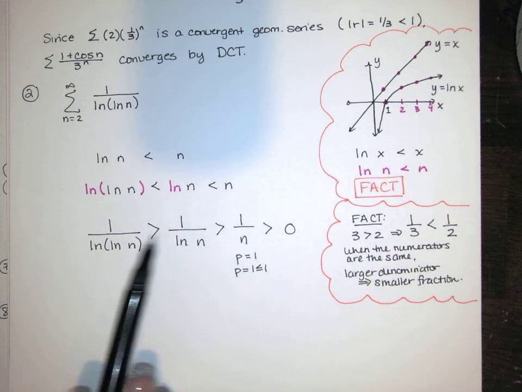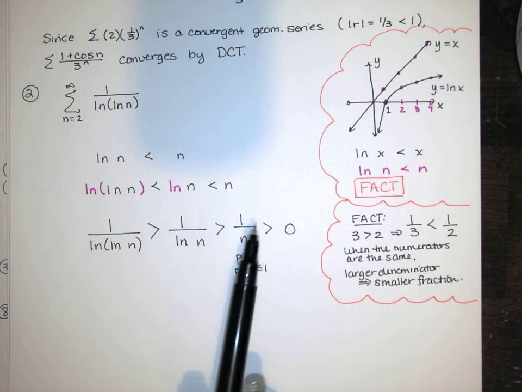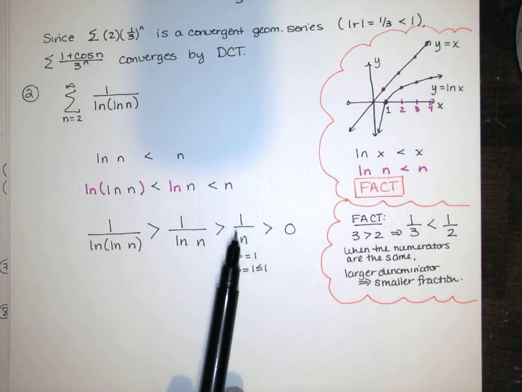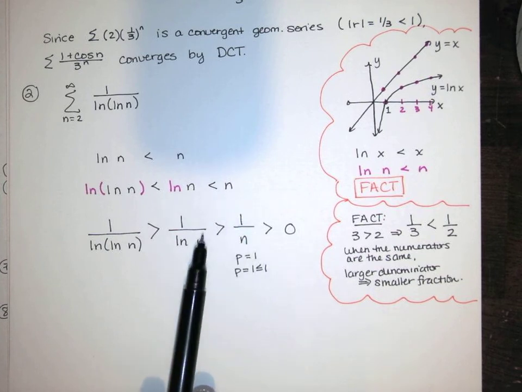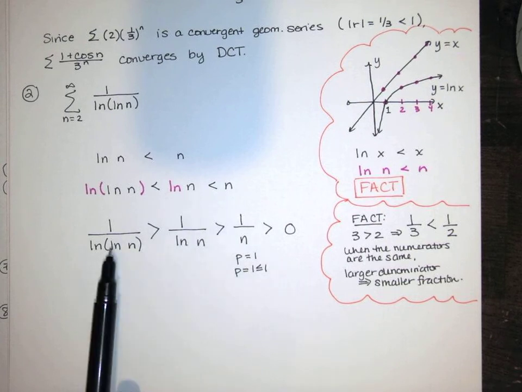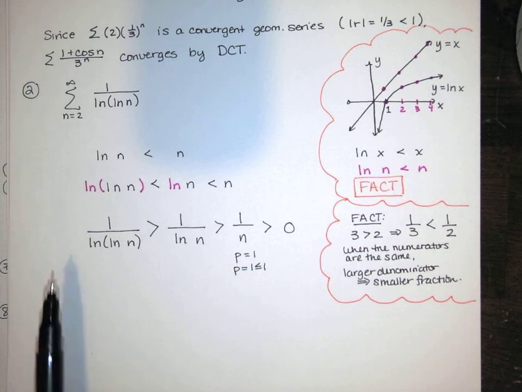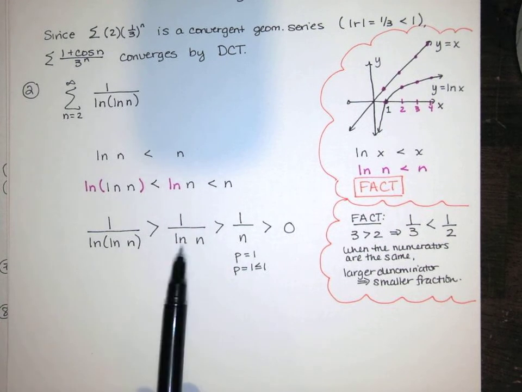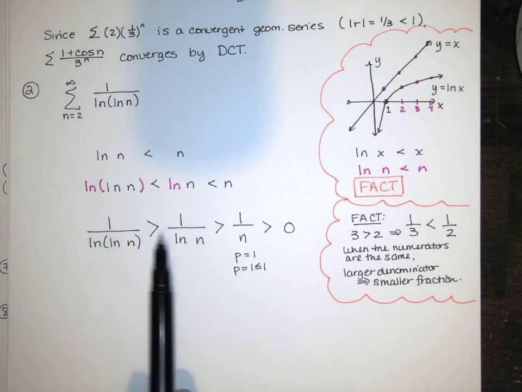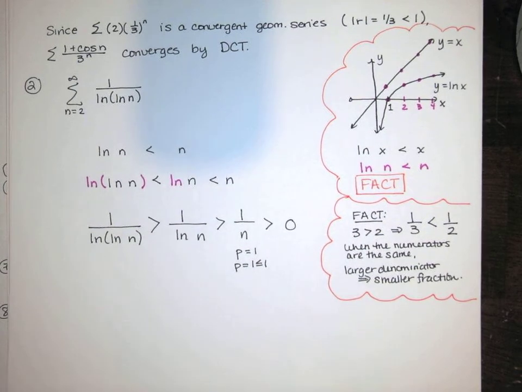Well, these are larger. If this series diverges, I add all of these up and I get infinity. If these are larger, and these are larger, when I add these up I'm going to get infinity as well. So the inequality is in the right direction to tell us that all three of the series that correspond to these terms diverge to infinity.